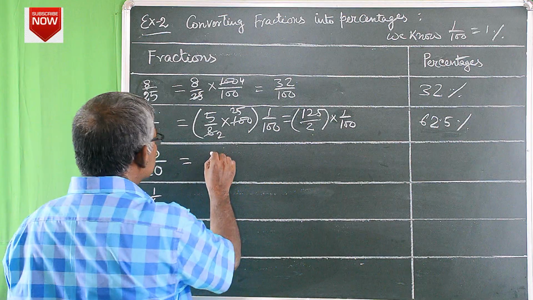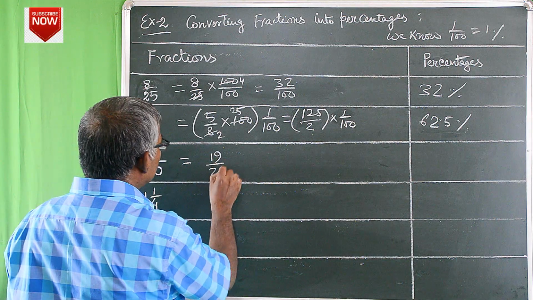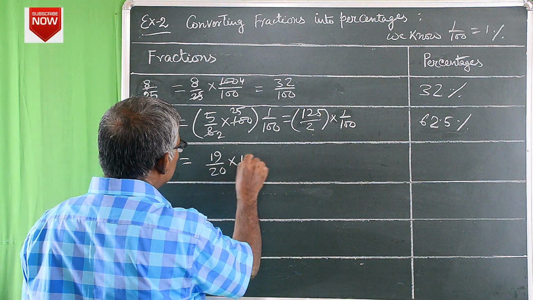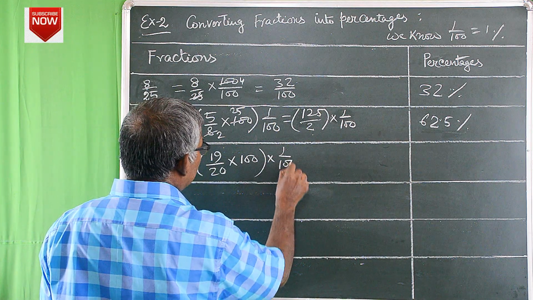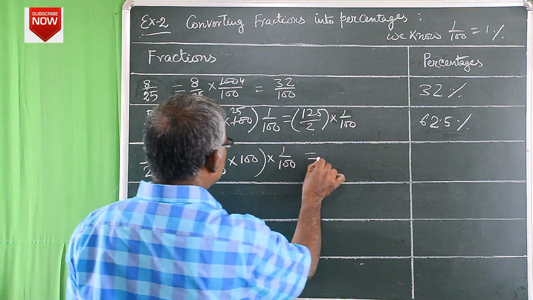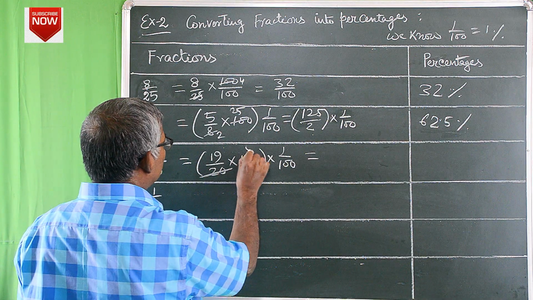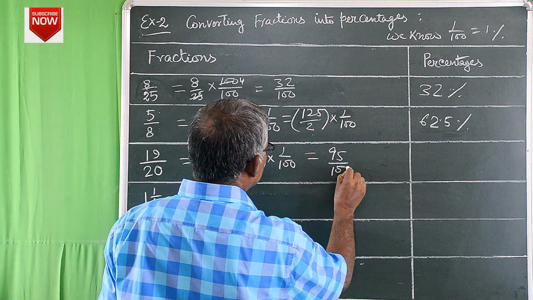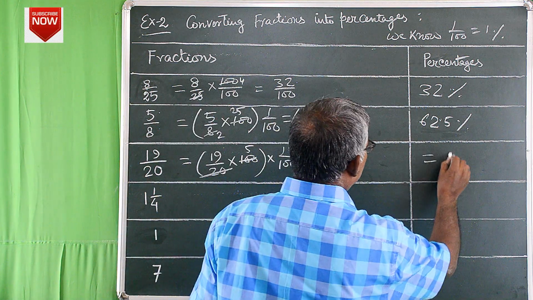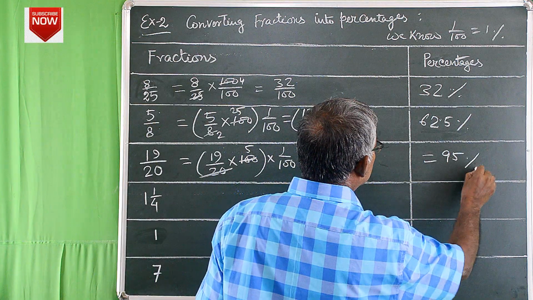This can be written as 19 by 20 into 100 into 1 by 100. This can be written as 95 by 100, equals 95%.